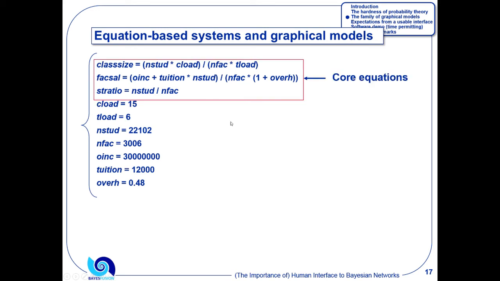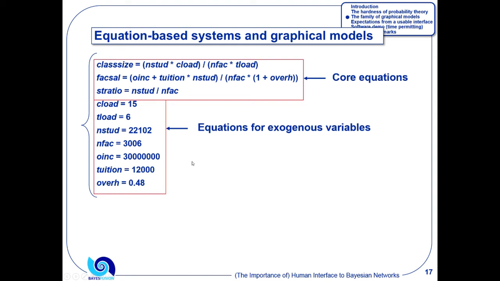There are three core equations describing mechanisms acting in the university environment, like class size, faculty salary, and student-teacher ratio. And then we also have equations for exogenous variables. We have 10 equations with 10 unknowns. The system can be solved, and given these exogenous variables, we can calculate the class size, faculty salary, and student-teacher ratio at the university.